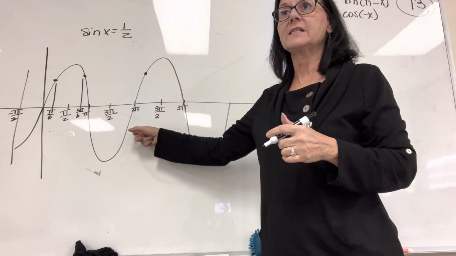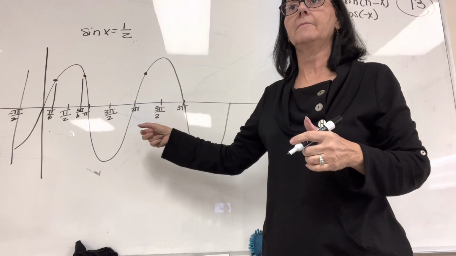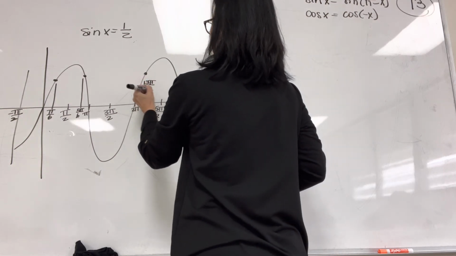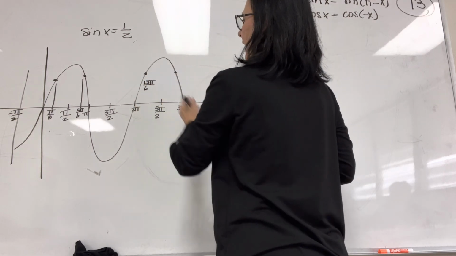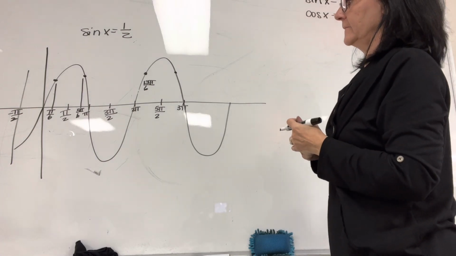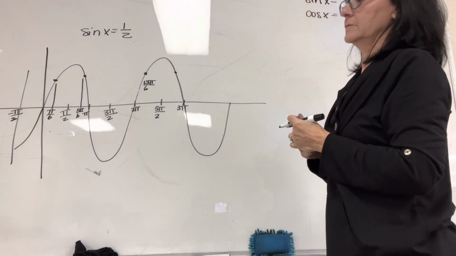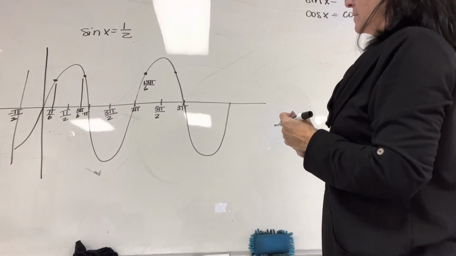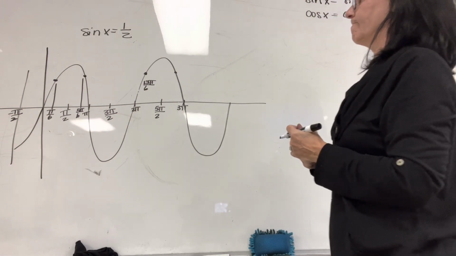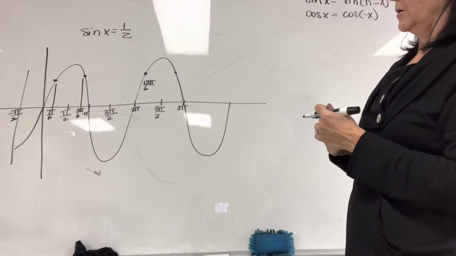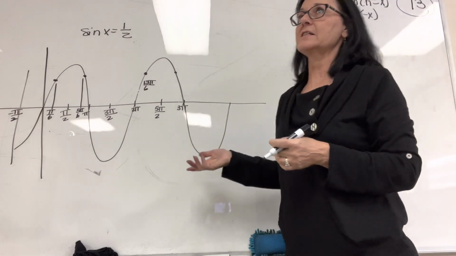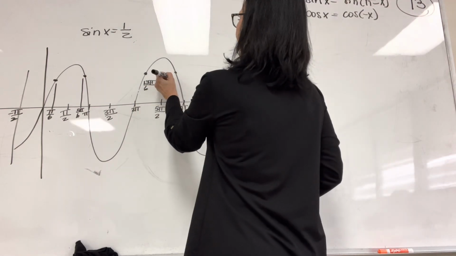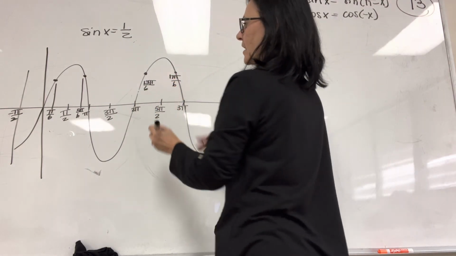That would be 12, 6, and another 6 would be 13 pi over 6. And here, where would it be? 17 pi over 6. It's 3 pi. How many 6 pi is that? 18. So it's 17. Then take one away. 17 pi over 6.